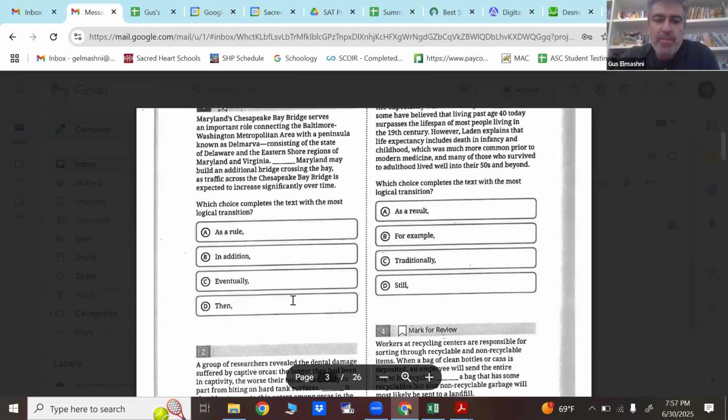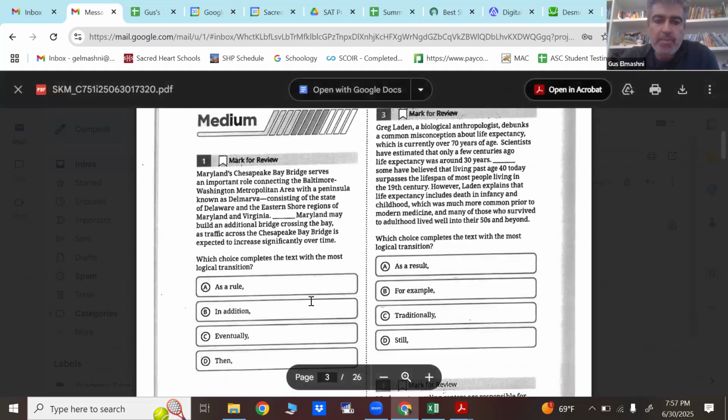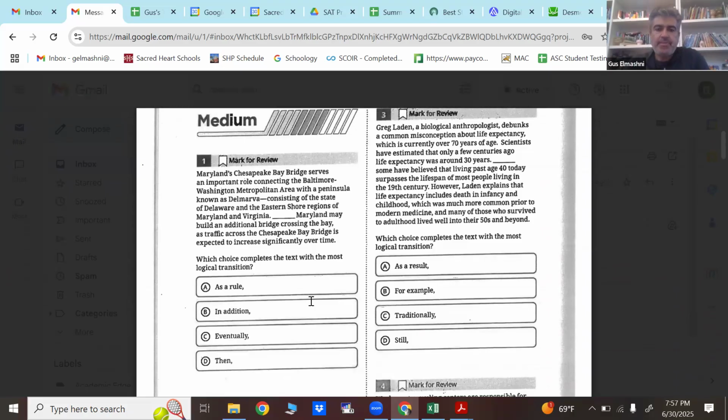let's try another transition one. Let's go to page 240. Go and try number one.